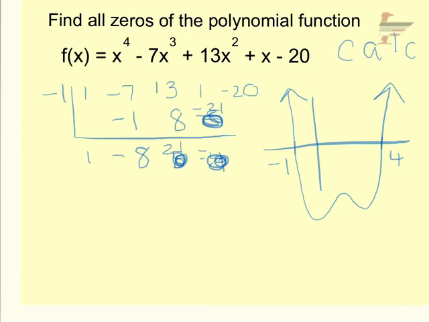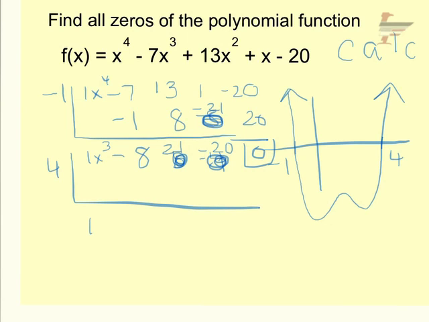Negative 21, so negative 20, and positive 20, so yes, I get a 0 remainder. Okay, so I started with 4th degree, did synthetic to get down to a 3rd degree, and I'm going to bank off that and use my other real solution of 4 and see what I get. Okay, and I got, of course, a 0 remainder again, which brings me down to my quadratic.